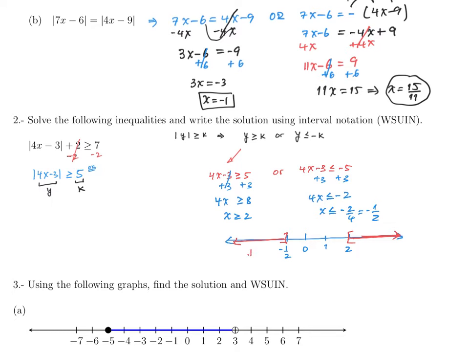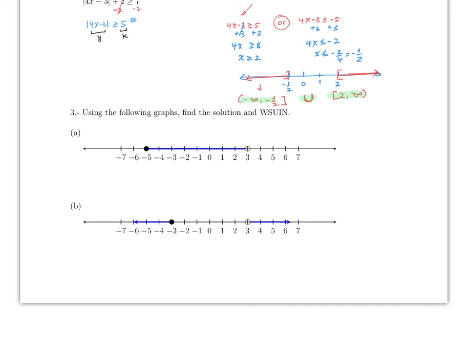Now in interval notation, this will be minus infinity to negative 1/2 with a bracket. Or, remember, this will give you this happy face symbol, or the union, and this is 2 to infinity. So here is the solution in interval notation, this or this.